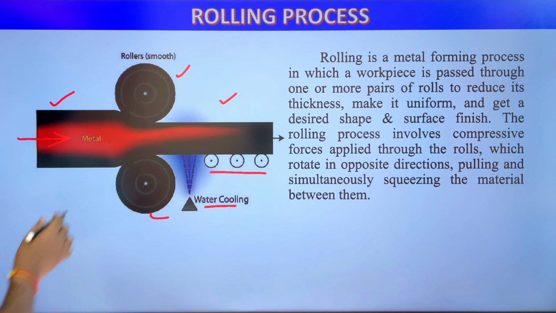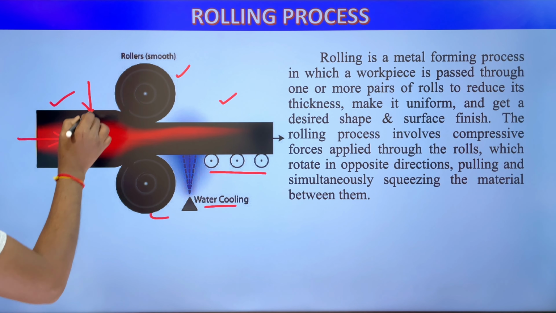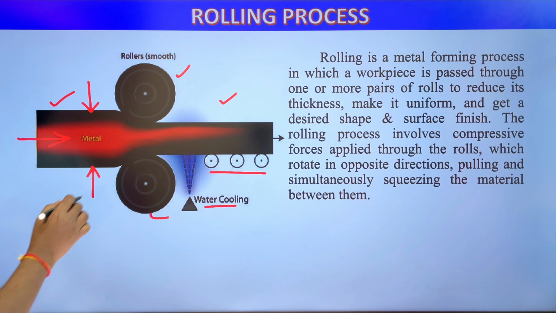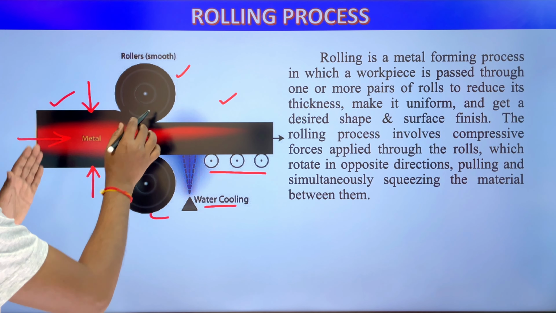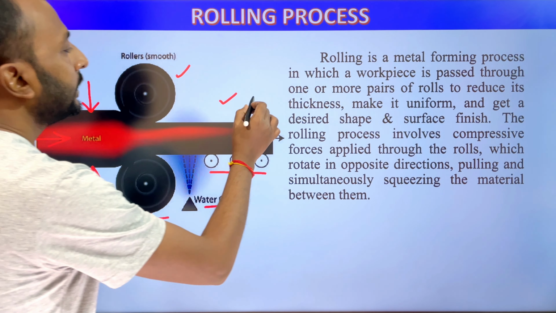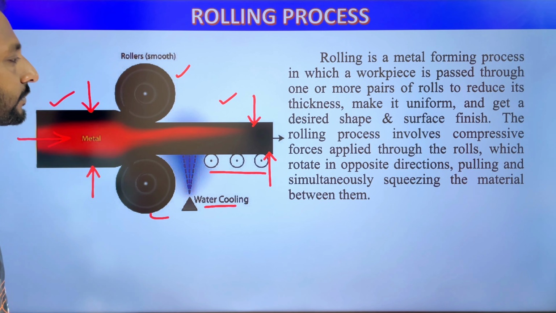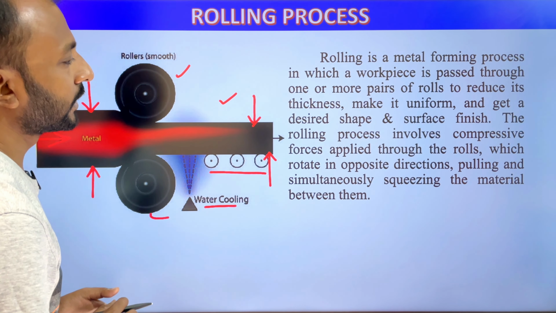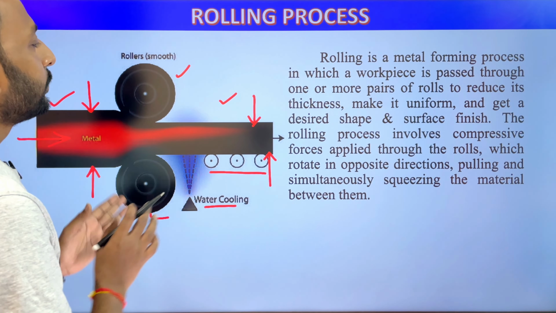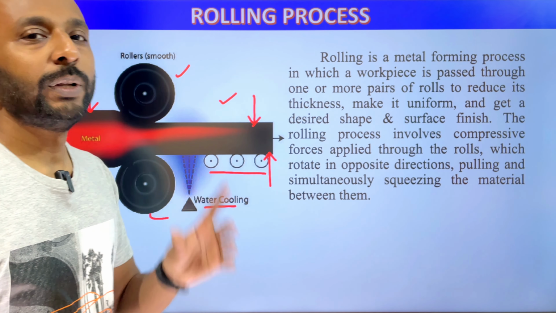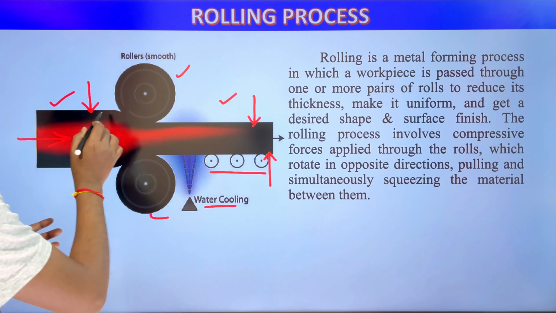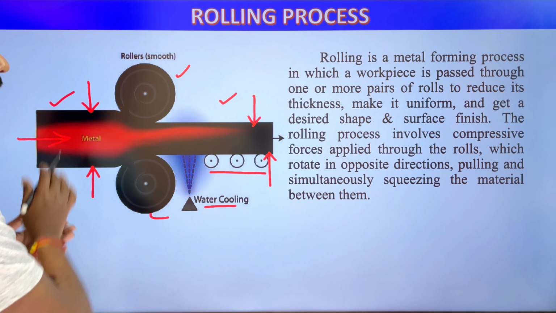Here we can see the thickness of the raw material is more, and when the metal passes through the rollers, the thickness of the metal decreases. So this is the final product. Here we can produce metal slab or plate. Actually, we are decreasing the thickness of the material.